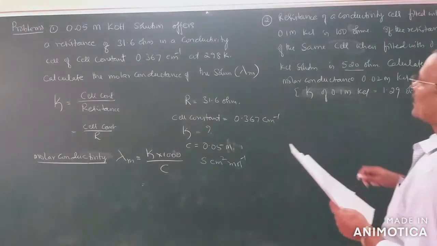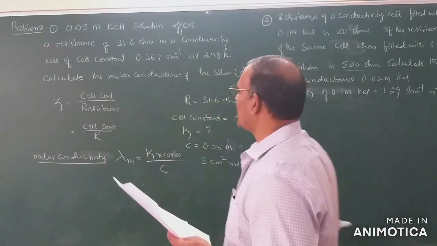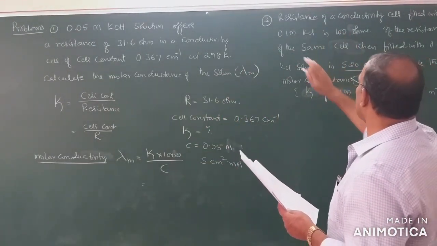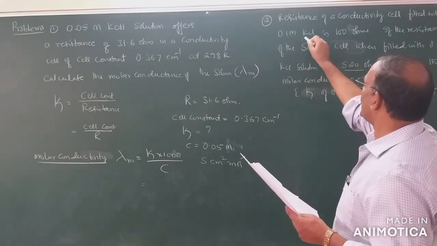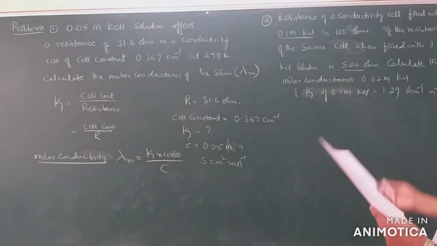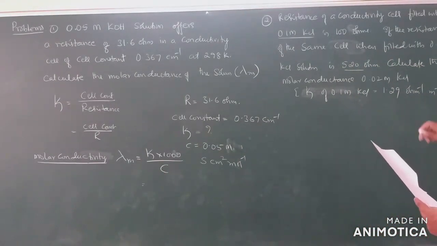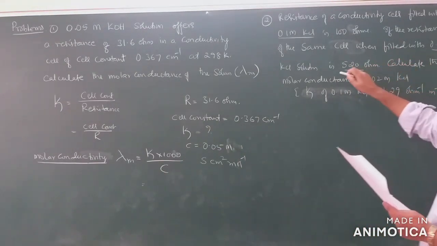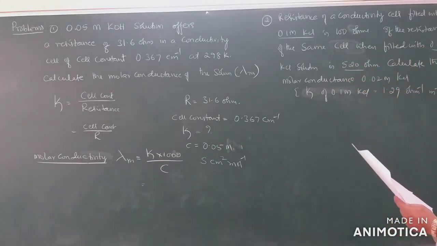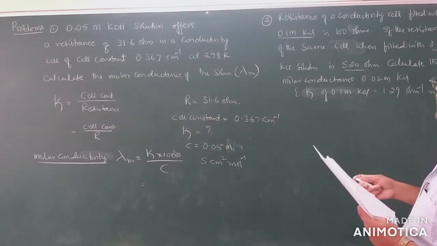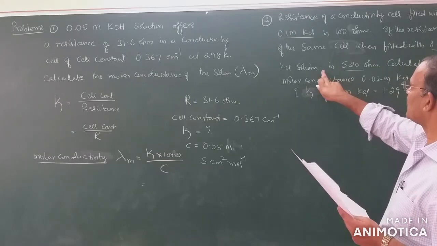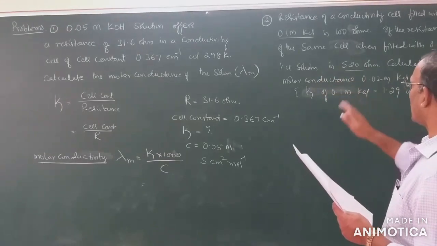So first determine the cell constant by using 0.1 molar KCl solution. Then we have to determine molar conductivity for KCl solution of this concentration. Here concentration is given and then resistance is given. Then determine the specific conductance for this solution and then molar conductance.